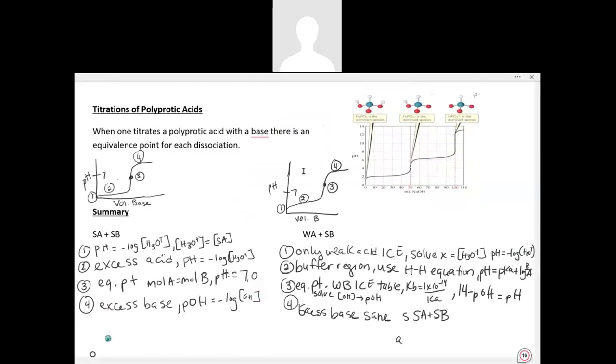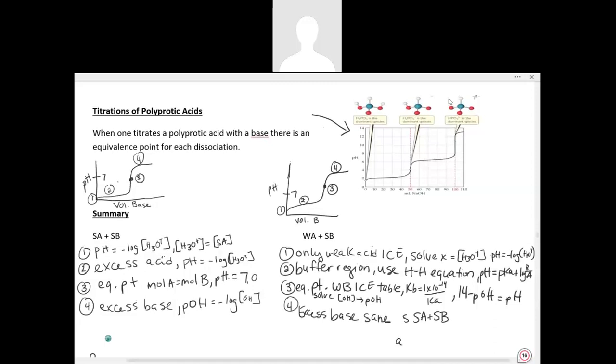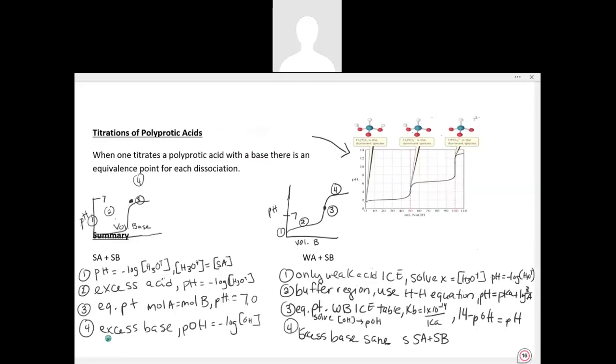Another aspect of these aqueous equilibria that we want to look at is titrations of polyprotic acids. That graph is over here on the right, and we can see our species above the graph, with all 3 protons on the left here, and then only 1 remaining proton here on the right.